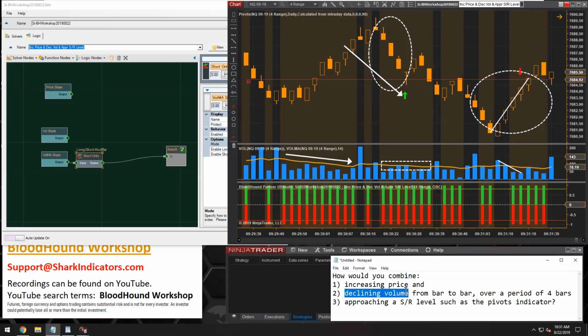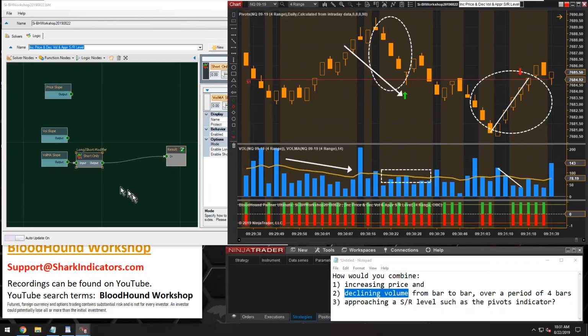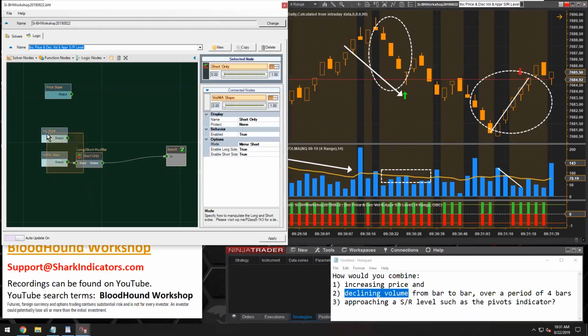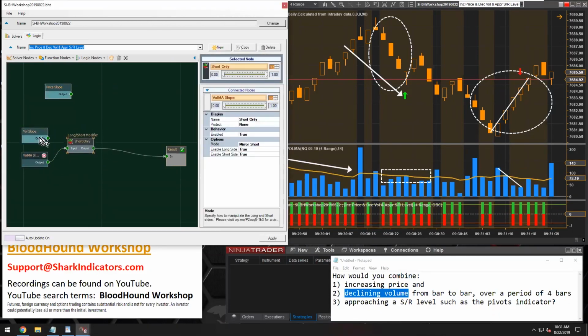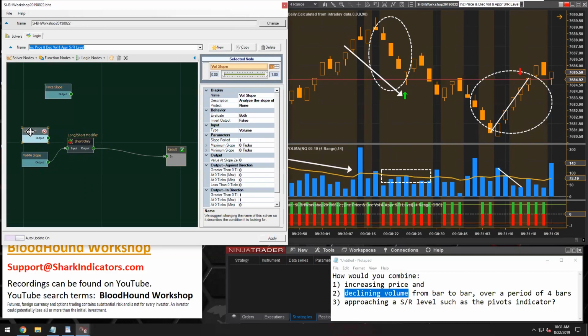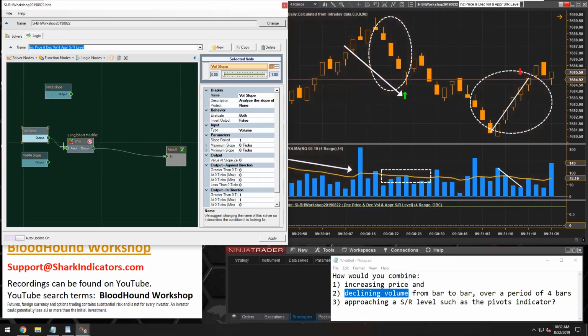Right. So there. All right. Let me move those two back. So however you decide to determine declining volume, you can just take one of these slope solvers.